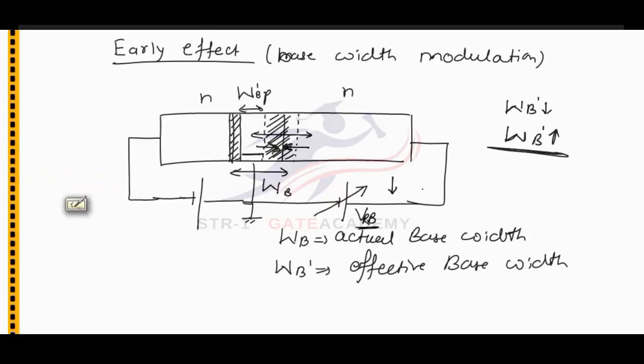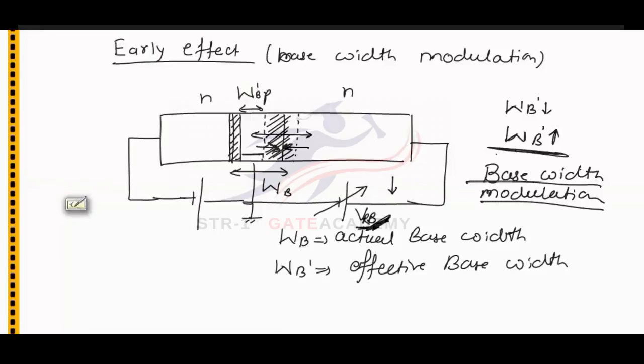This change in effective base width with reverse bias voltage is called base width modulation. When reverse bias voltage increases, WB dash decreases.